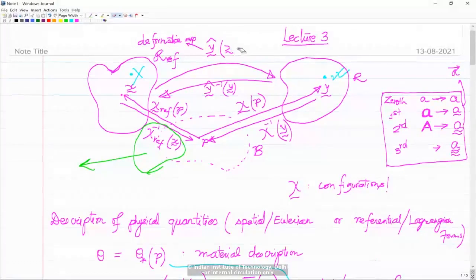This goes away, this goes away, and then I put time: comma t, this is comma t, and that's also comma t. But the reference and the body, there is no time there.